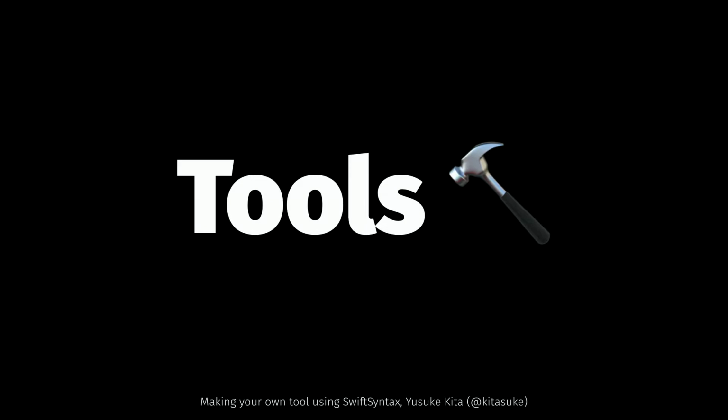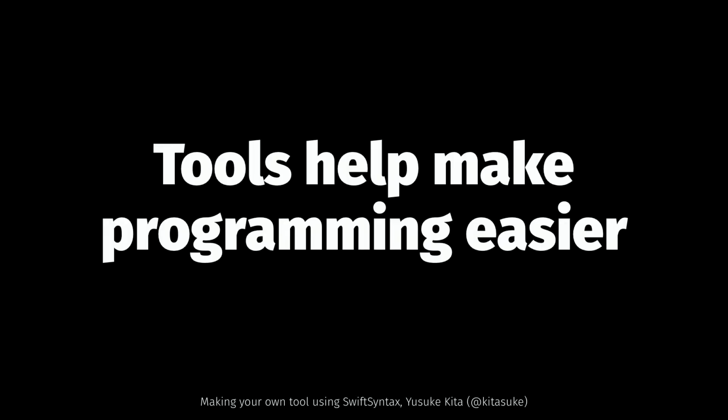There are so many tools we use, like SwiftLint, Fastlane, or even Xcode. I think we can consider that a tool. And I don't think we can do anything without them. So I believe tools are also important, because tools help make programming easier. These tools significantly make your source code better.